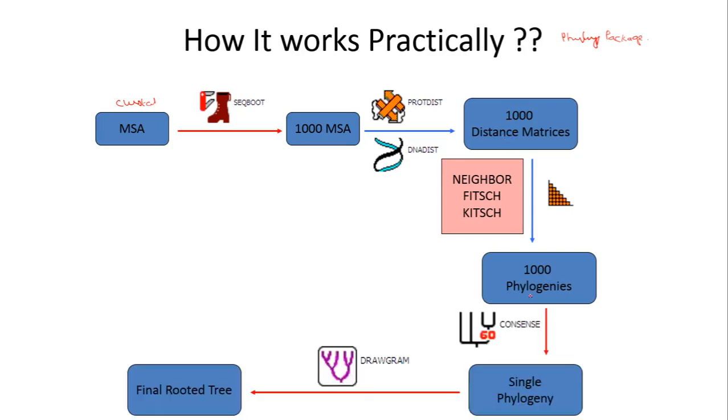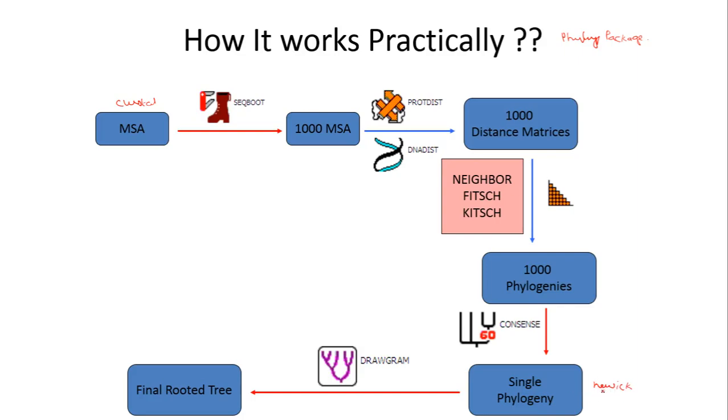So once you end up with 1,000 phylogenies, you can use another computer program called consense, which is part of this Phylip package, and generate a single phylogeny. Okay, and this single phylogeny would be in Newick tree format.